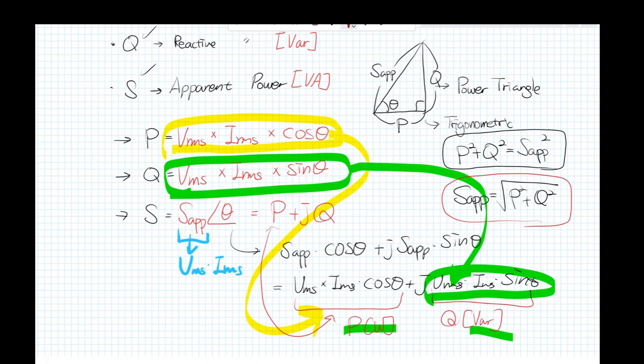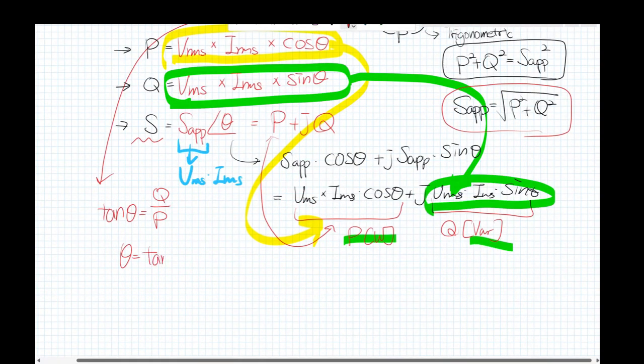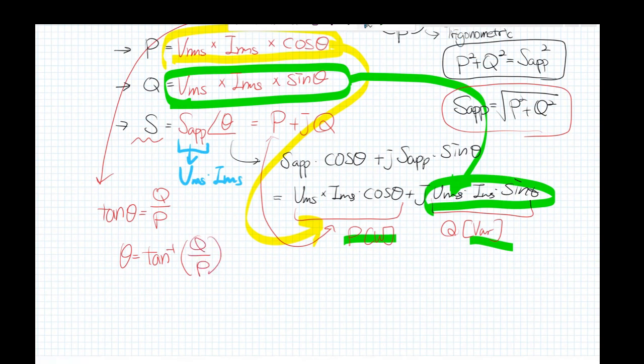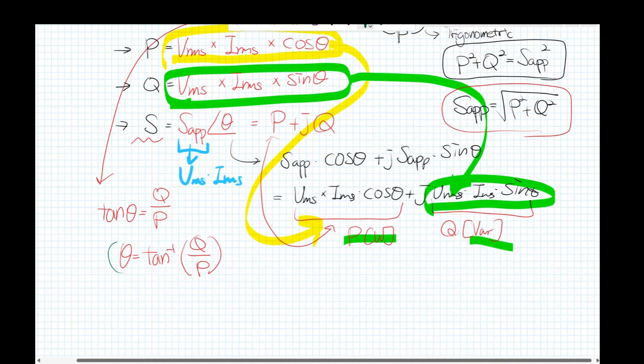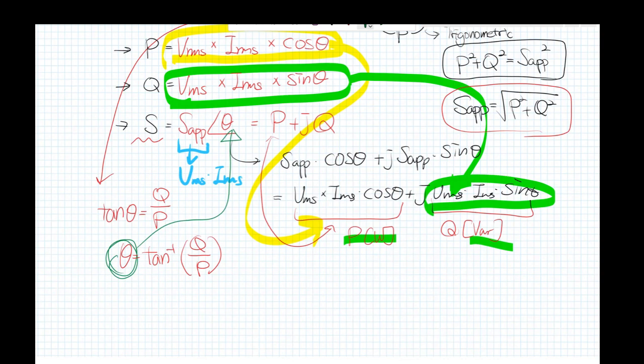And then the apparent power, from the triangle, the power, theta is what? So the theta is equal to tangent inverse. All right. Any question? So the theta is for apparent power in the polar form. Okay.